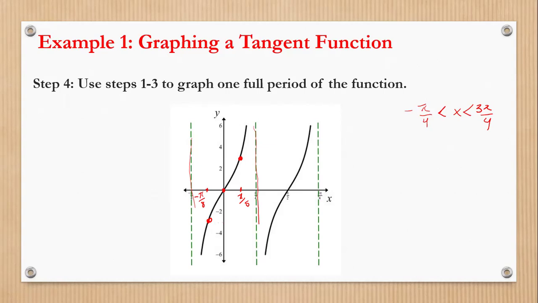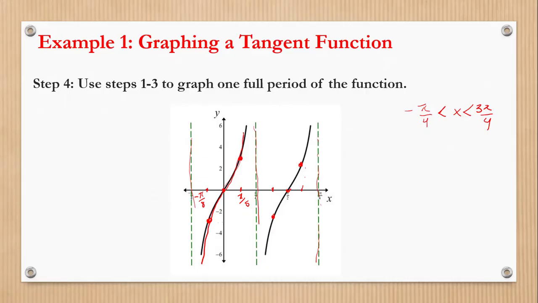So we extend the graph, and we know 3pi/4 is another asymptote. We graph the asymptote, and exactly the same as this part of the graph that we already graphed, we just find the midpoint, the points with -3 and +3, and then graph the other part.